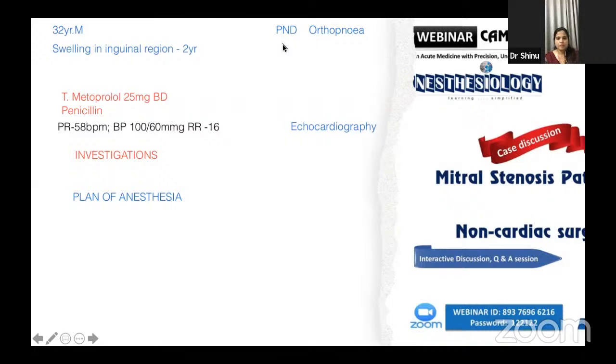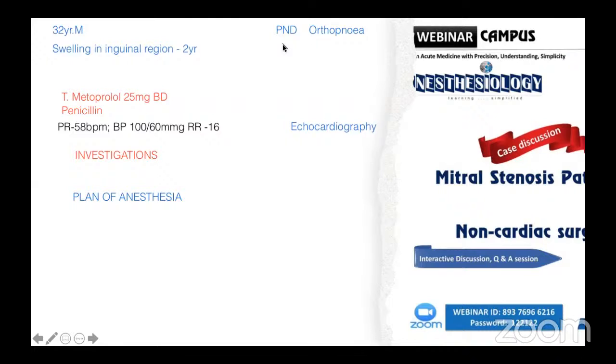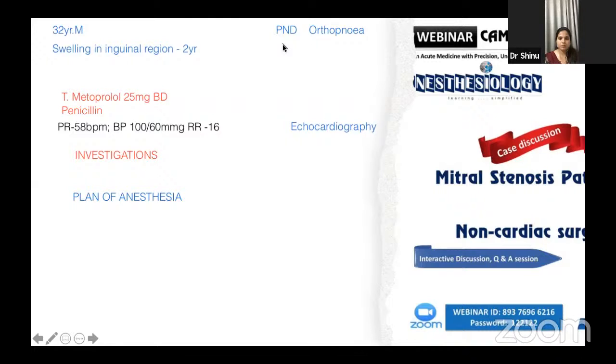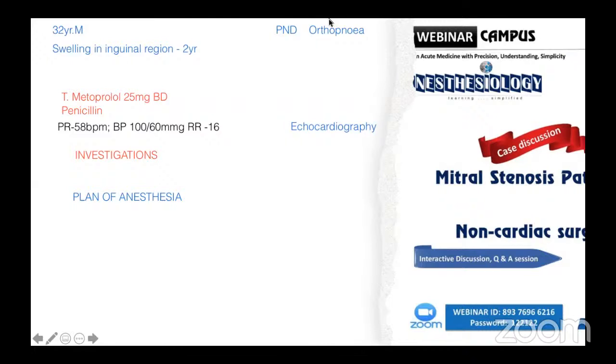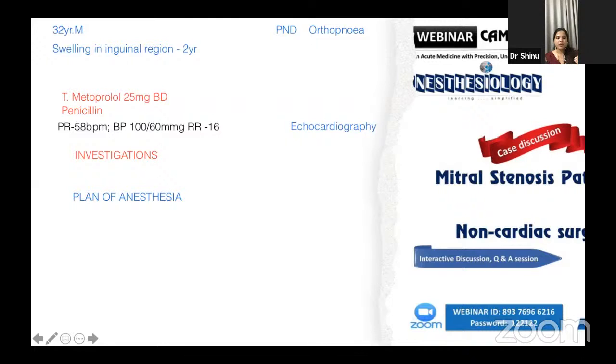After that, we have to maintain a proper position, and if the patient is on positive pressure ventilation, we can increase the PEEP, and IV diuretics can also be given to relieve the symptoms. And if the patient is hemodynamically unstable, we can start drugs like dobutamine, and IV morphine can also be given, 0.1 mg per kg.